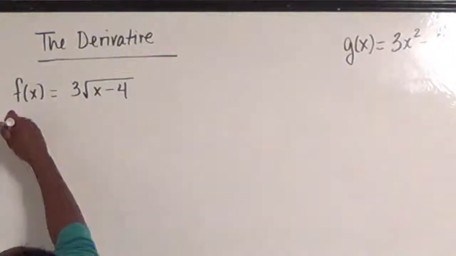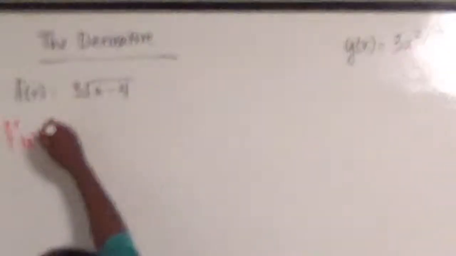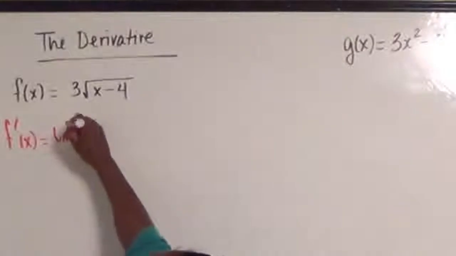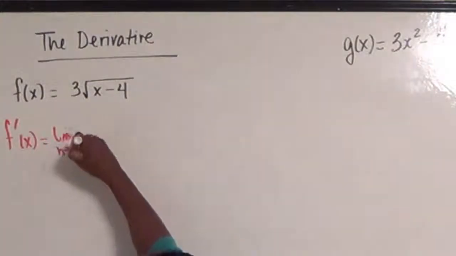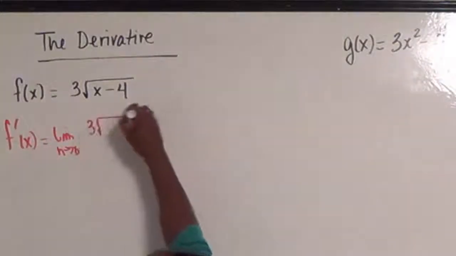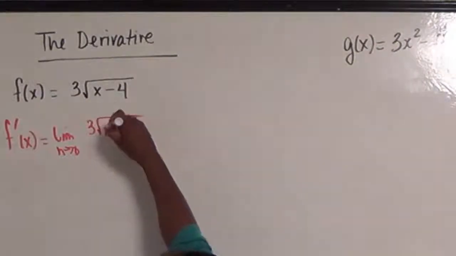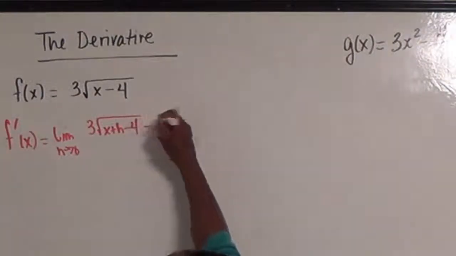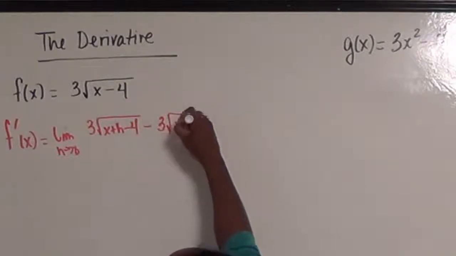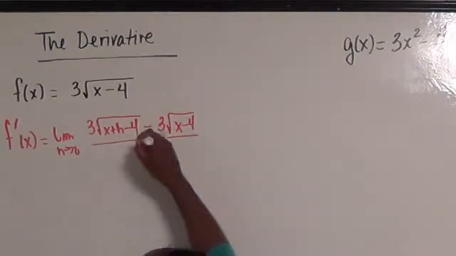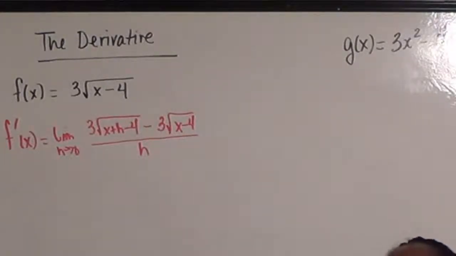Okay. So again, we'll start out the same way. So f prime of x will equal the limit as h goes to 0, f of x plus h minus our f of x all divided by h.